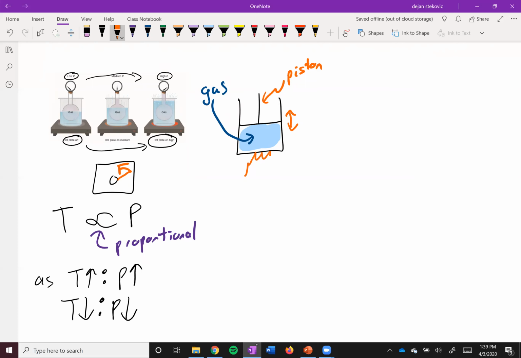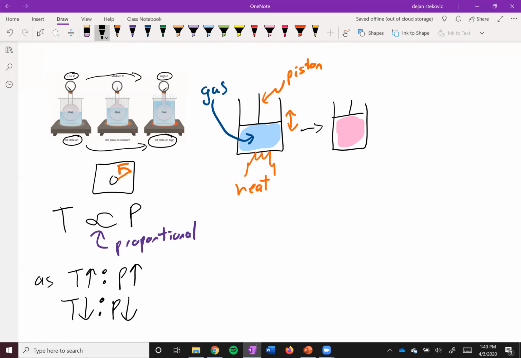And we're going to heat the gas. So when we're heating the gas, again, we're speeding up the speed at which the molecules are going. They're hitting the wall harder. But now we have a piston. This gas can push this piston up. So I'll make it pink because it's like a hot gas.